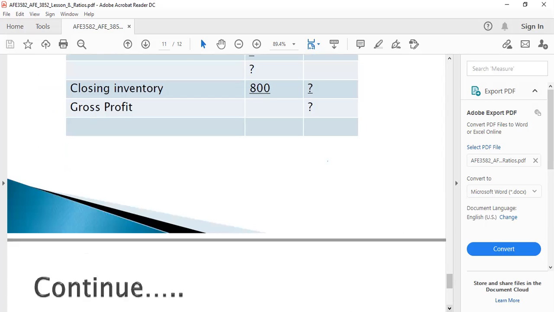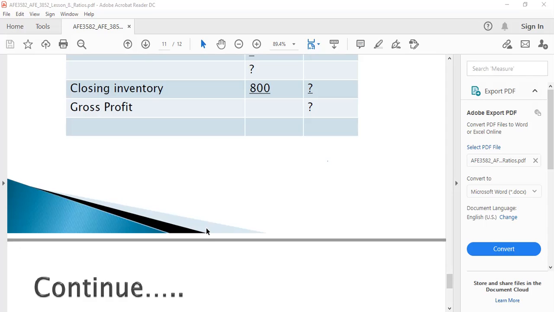Okay, so I think there's still another. Let me just make sure. Those are not the only ratios, I think. If you go back to the videos I have sent you of the 2018 question paper, question one was on ratios, and we're given a lot of ratios to calculate, including inventory turnover, debtors collection period, and creditors collection period.